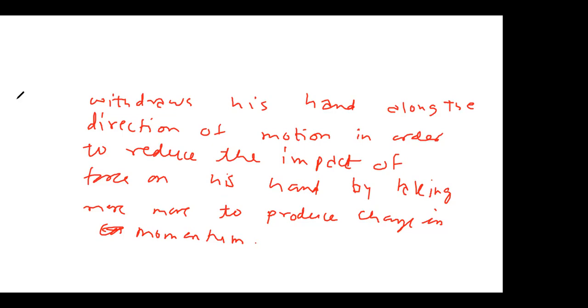Second, here it is. Sir, can you repeat that explanation part? I didn't understand. Have you written fully? Yes, I have written. No, just look at the board. What is force? Change in momentum upon time. So when he catches the ball, it comes to rest. This is final minus initial.